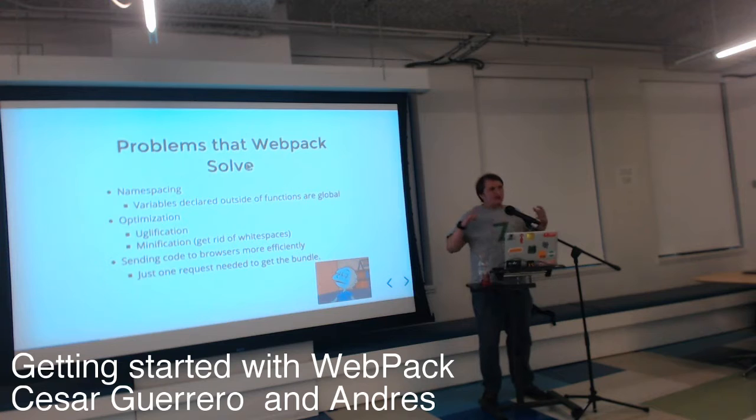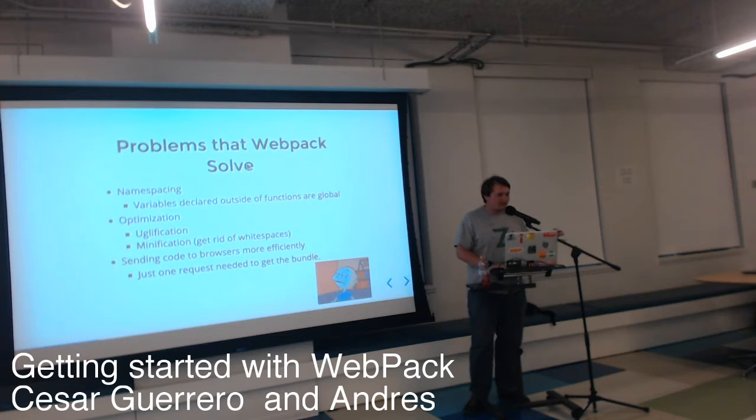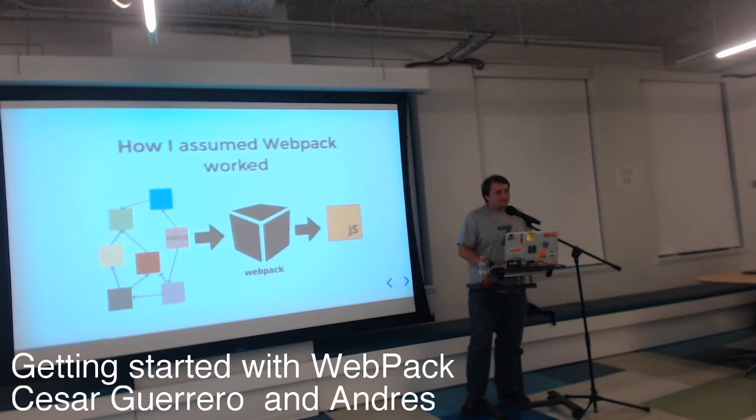Webpack will create small chunks, but most of the time you are trying to get just one bundle. From all your code, you will try to get one small bundle, so you will make just one request that has all your logic ordered.